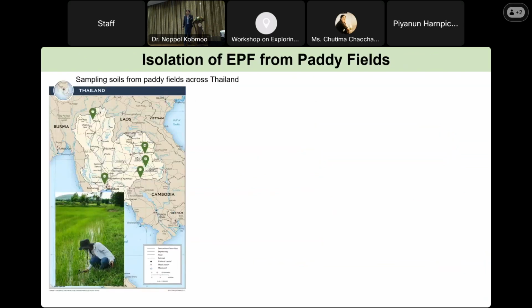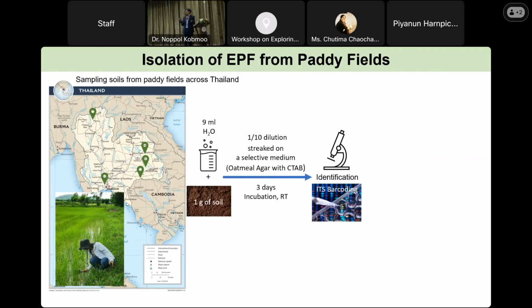So we sampled soil from paddy fields across Thailand and isolated the fungi. The protocol is not very complicated.